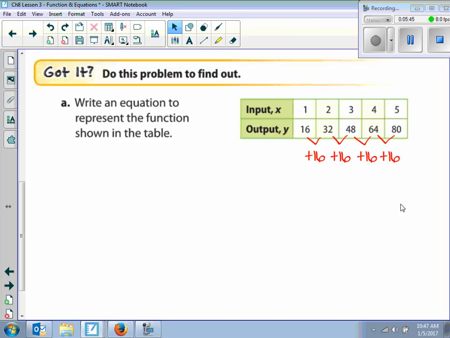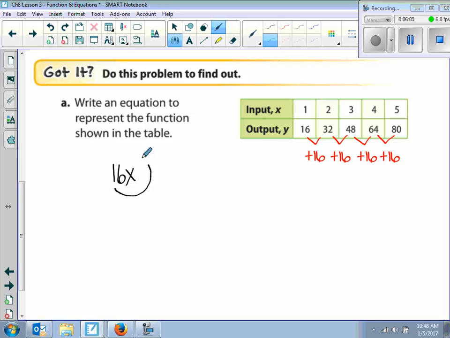So each time we added 16, so that 16 is going to get multiplied times the input. And the input here is x, right? So we have 16 times x. Now we want to write an equation of the output in terms of the input.